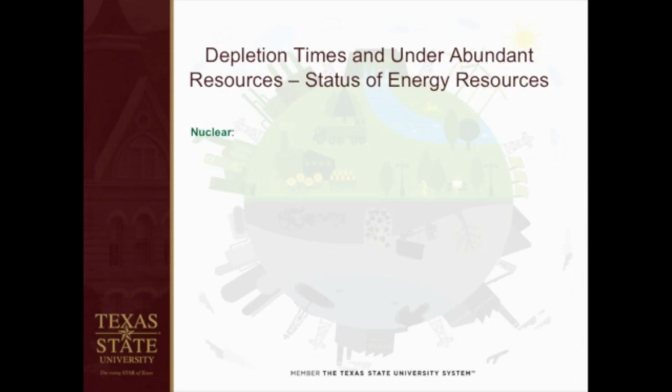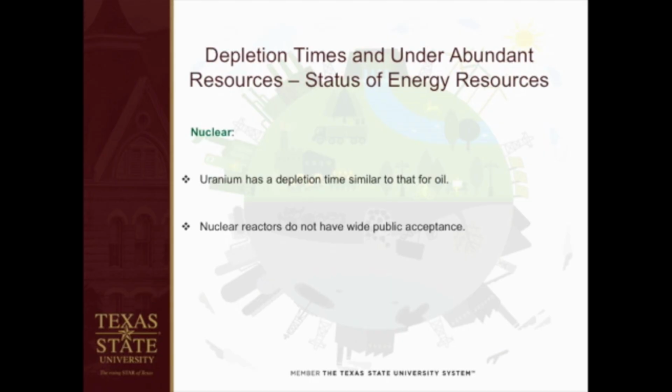Other things, nuclear energy, uranium has about the depletion time of oil and natural gas, which is 50 years. Nuclear power plants are said to be clean energy, meaning that in comparison to coal, there is no product of combustion. And there's not the release of carbon dioxide and so forth, which is very true. However, nuclear technology can be, as you well know, like electricity, man's best friend or worst enemy.